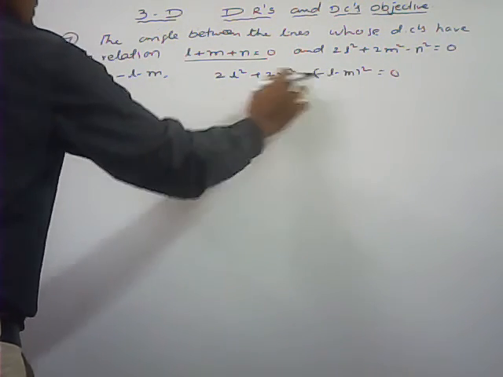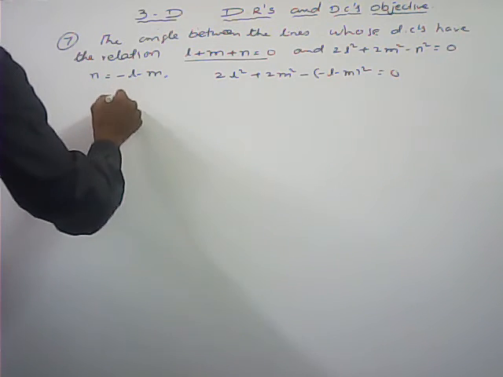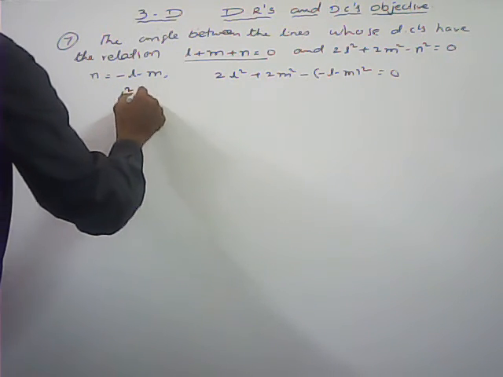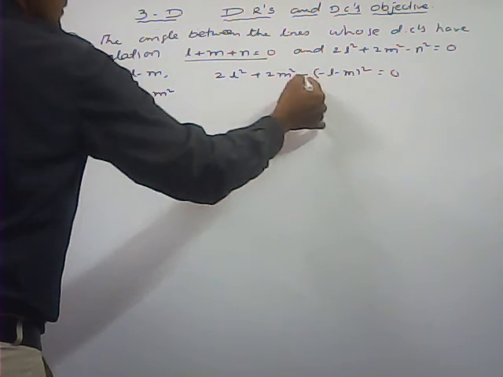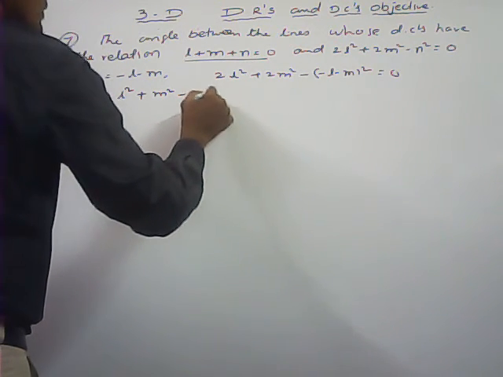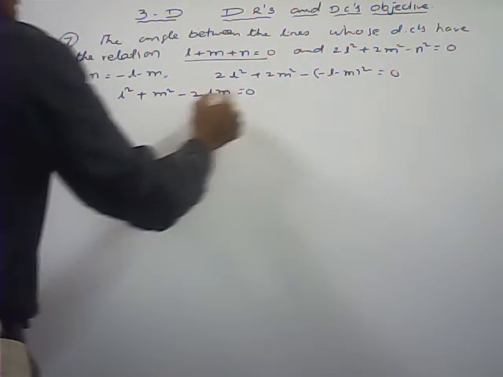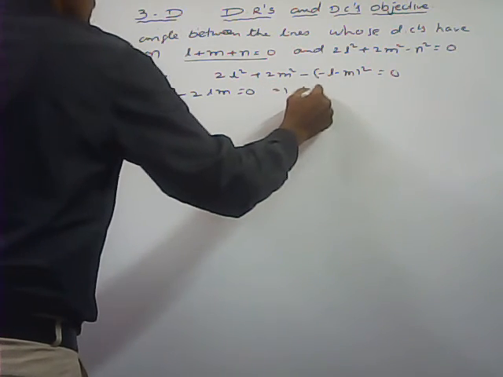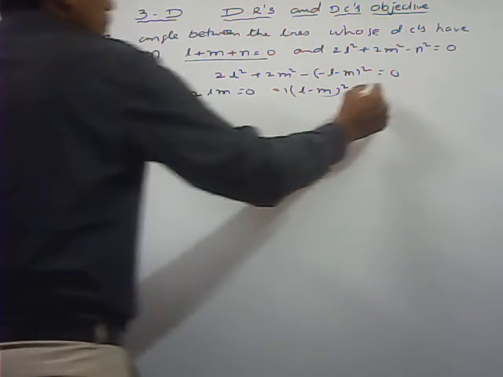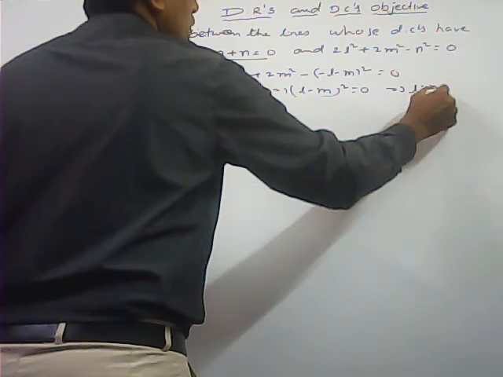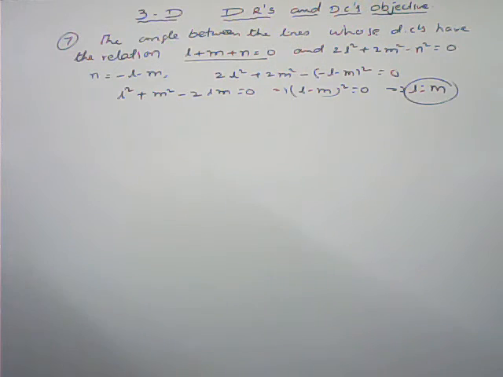L square plus 2L square minus L square, we can get L square, M square, and 2LM minus 2LM is equal to 0. So this is the perfect square of L minus M whole square, that is equal to 0. That implies L is equal to M.